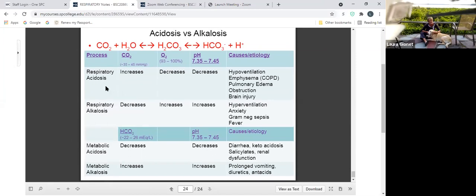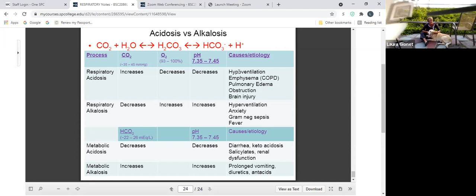So if we have respiratory acidosis, I think the easiest thing is to look at the pH first, because to be acidotic means you're below the 7.35 of the normal range of blood pH. And that is because we have higher than normal carbon dioxide levels producing more of those hydrogen ions. The oxygen levels generally have decreased, but it doesn't affect the pH.